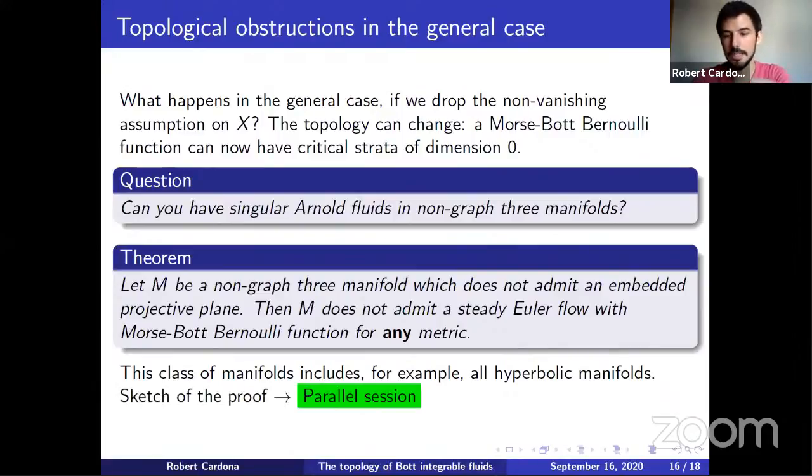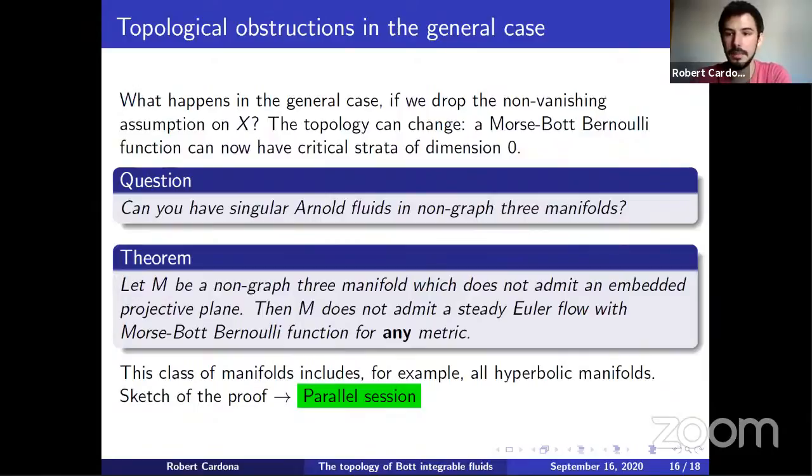The proof of this is somewhat more intricate. It's not so easy to explain, but I will keep it for the parallel session because it's still quite geometric. I like it. About the hypothesis, the fact that it does not admit an embedded projective plane can probably be dropped, but I need it for the proof I'm using.